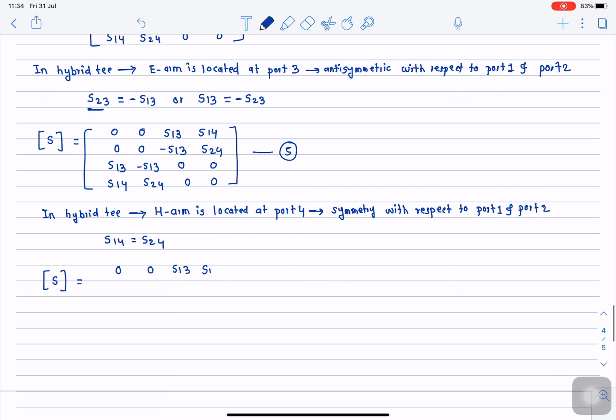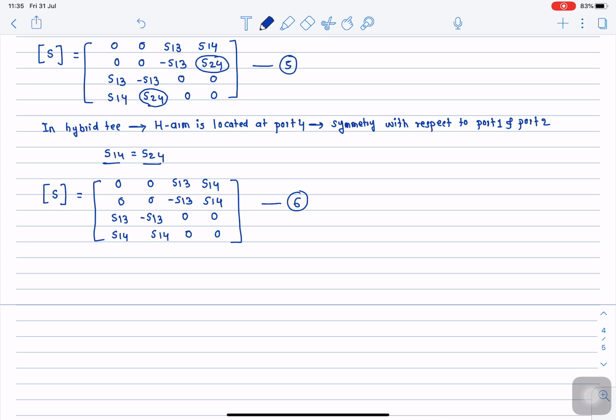Now next, we are going to assume that the junction is ideal and lossless, and we say that the scattering matrix for this H-plane hybrid T is going to follow the unitary properties. So the next step is to apply the unitary properties.